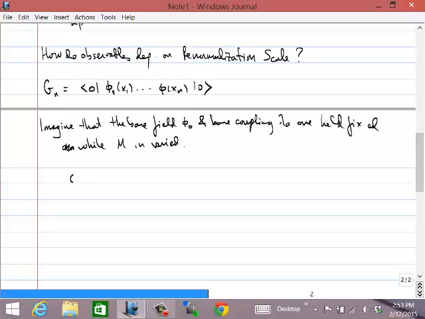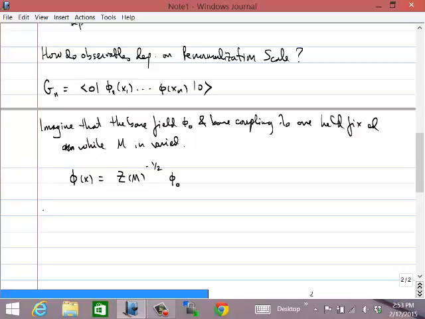So in particular, the field phi is related to the bare field simply by a factor of the wave function renormalization, which is a function of m.